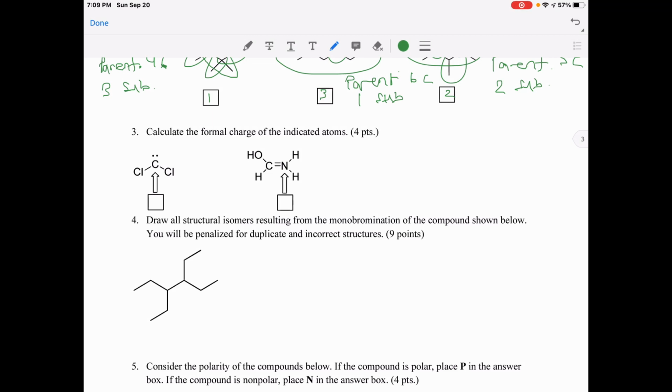The equation for evaluating the formal charge of an atom is the number of valence electrons that you would have in a specific atom, and that can be determined from the periodic table, as you all know.